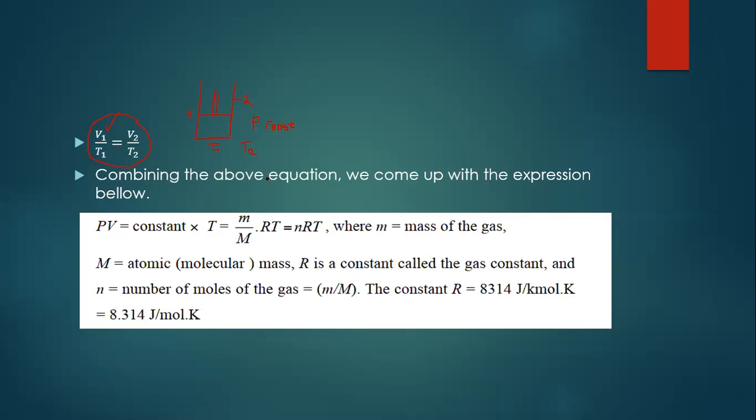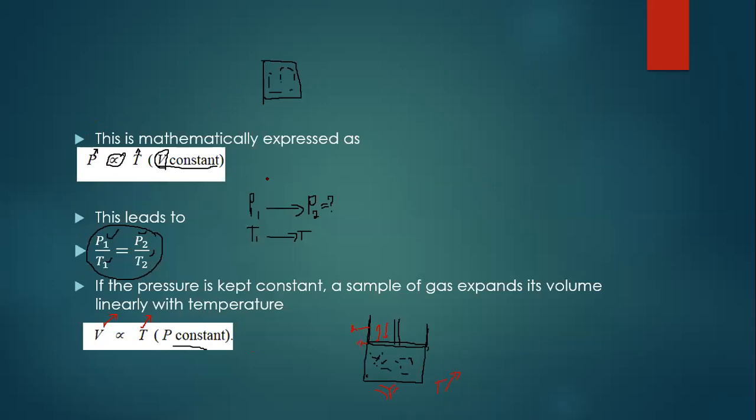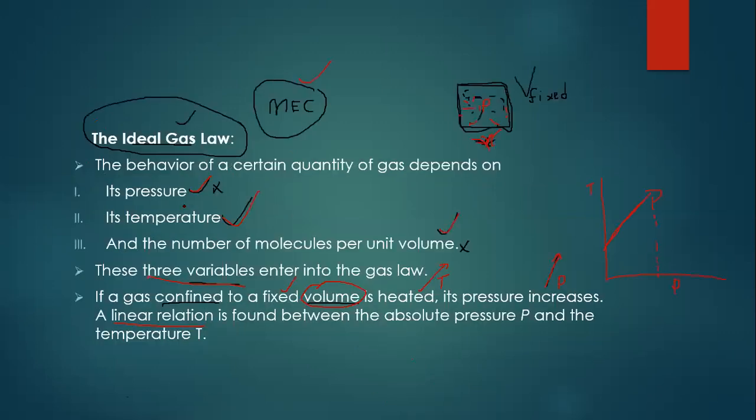Now, this is what we have established so far by looking at temperature and pressure. So we go back to our assertion that an ideal gas behaves in such a way that the variables pressure, temperature, and volume change with respect to each other.